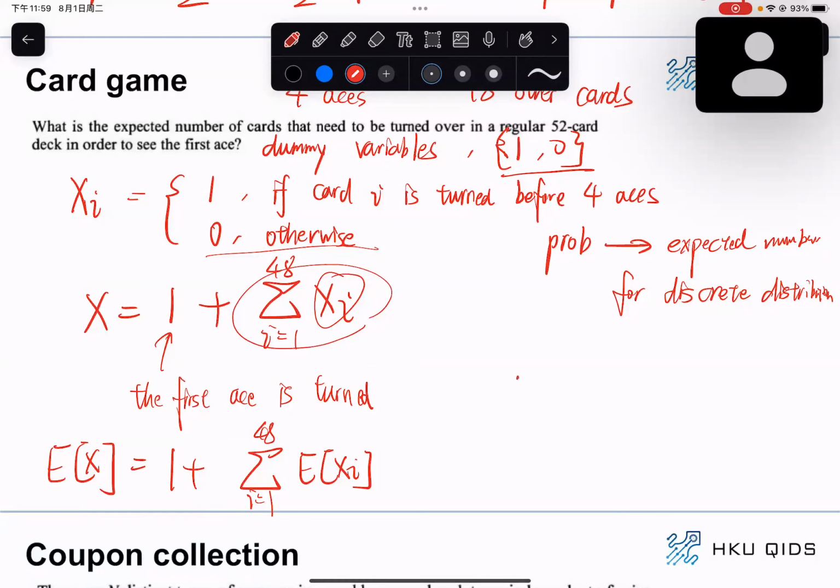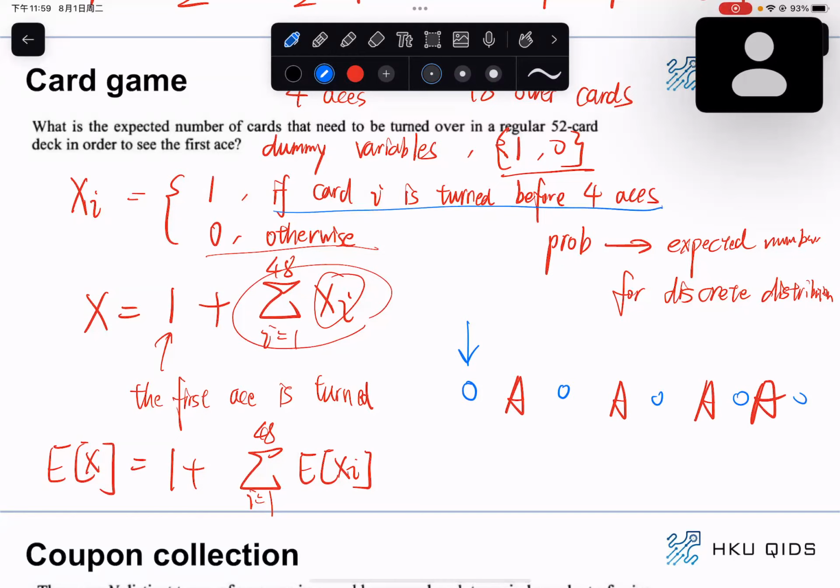But the thing is that if I draw 4 aces here, there are 4 aces, right? And there are 5 positions where a card, other than an ace, can be drawn. So if we need to satisfy our condition, it needs to be drawn here so that it is before all 4 aces, right? And now the question becomes what?